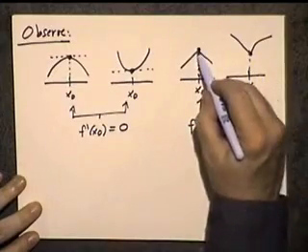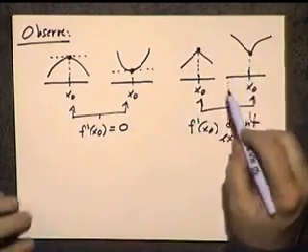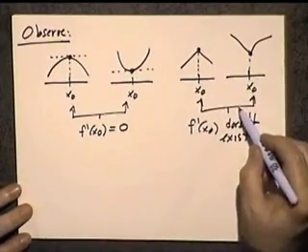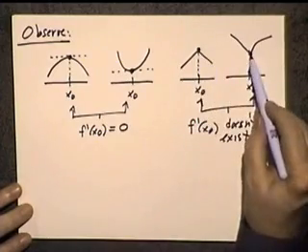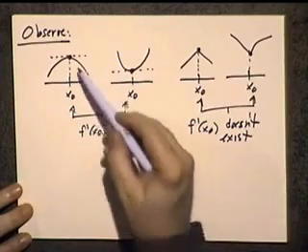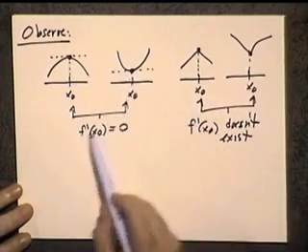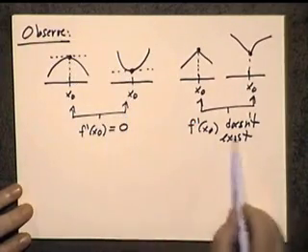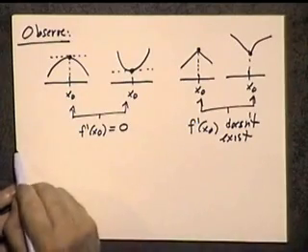There's no derivative where there are corners on the curve. So this is a case where the derivative doesn't exist, and yet we have a local max and a local min. Likewise here, the derivative does exist and happens to be 0, and we have a local max and a local min. So don't limit yourselves to this. Remember that this case can also occur.